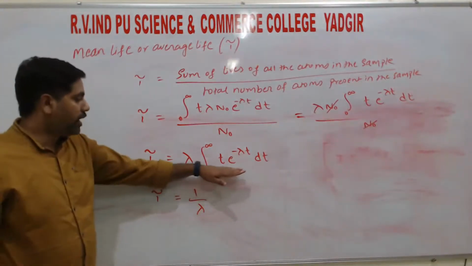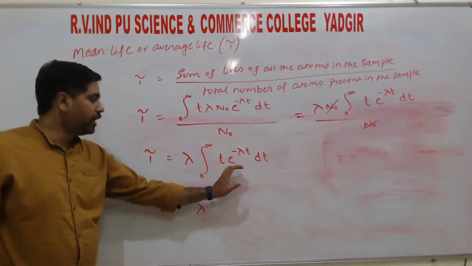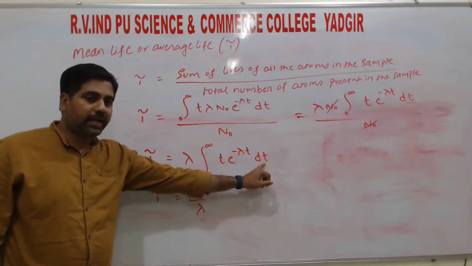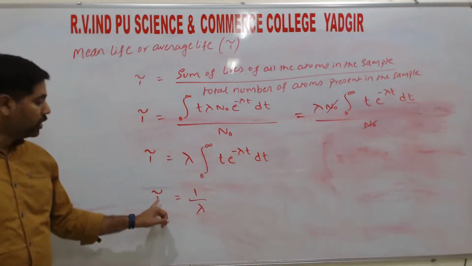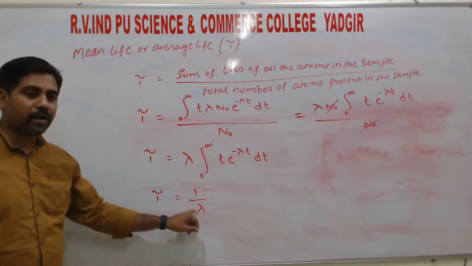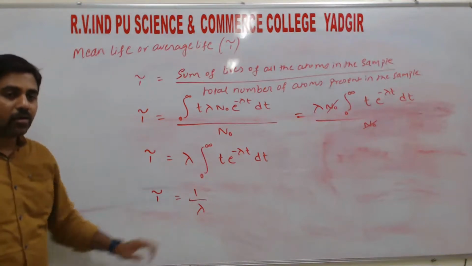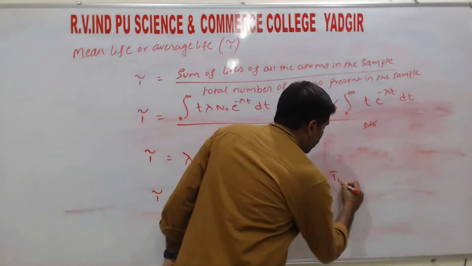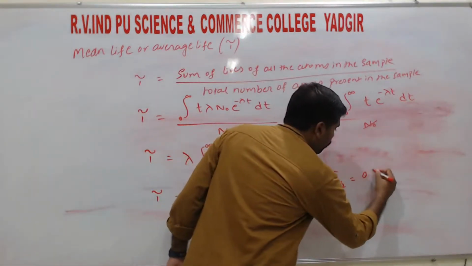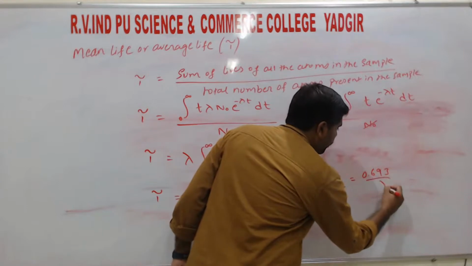So after simplifying this integral from 0 to infinity of t e to the power of minus lambda t dt, we are getting the mean life or average life tau, that is equals to 1 by lambda. So lambda is the decay constant. The relation for the half life is t half equals 0.693 divided by lambda.